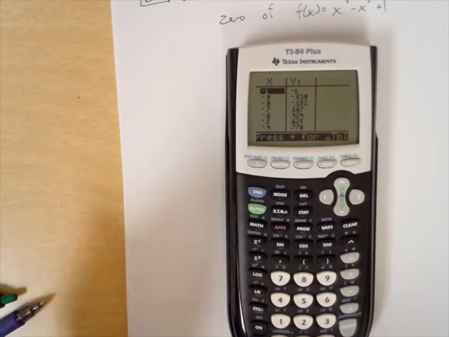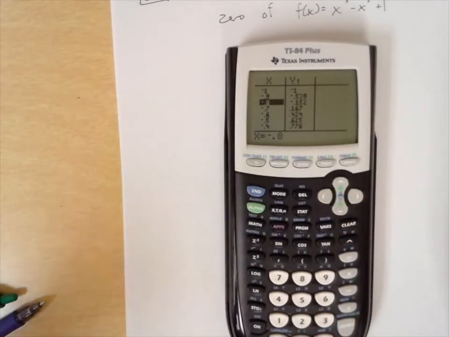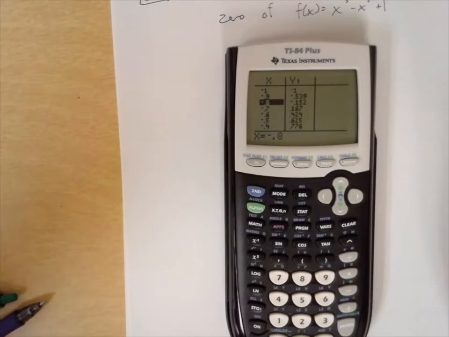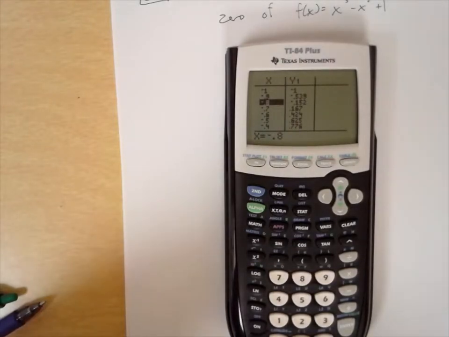And guys, we can keep on doing this. We could start our table at -0.8. We could change by 0.001, and we could take a look to see what is really happening there and at exactly what point we get a 0. You can keep on doing that to get more accurate.